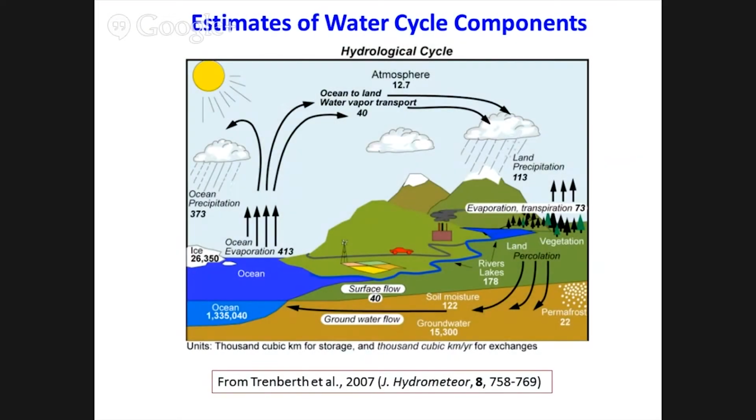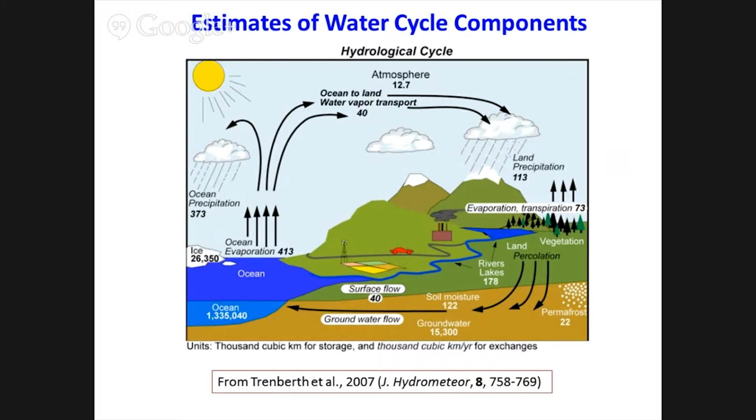These are some estimates of each component, and if you focus on ocean evaporation, this is in cubic kilometers of storage per year, or so many thousand cubic kilometers per year.